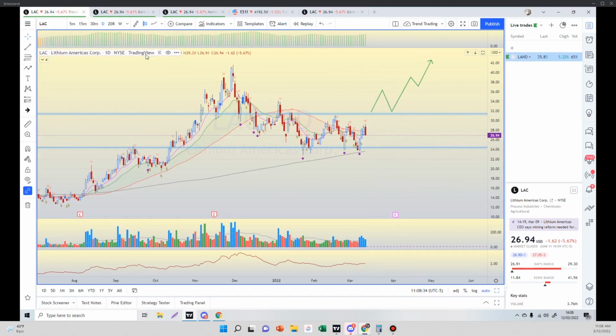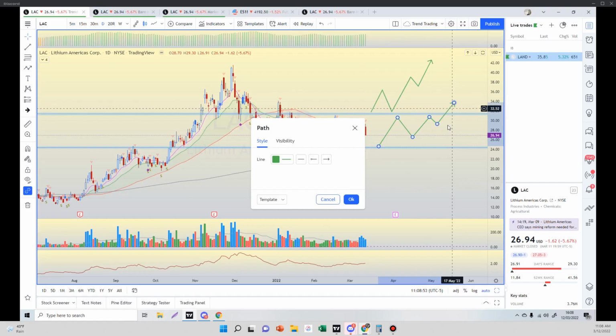But on another note, this is where you get your VCP patterns between these kind of levels. So this is where you tend to get that down, up, down, and then out. And that's where your classic VCP comes in.